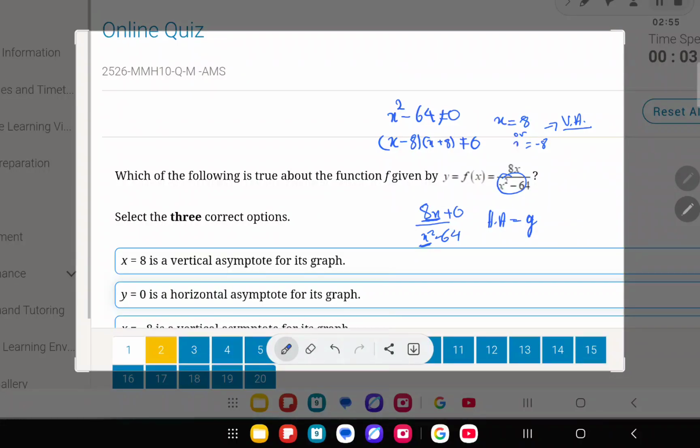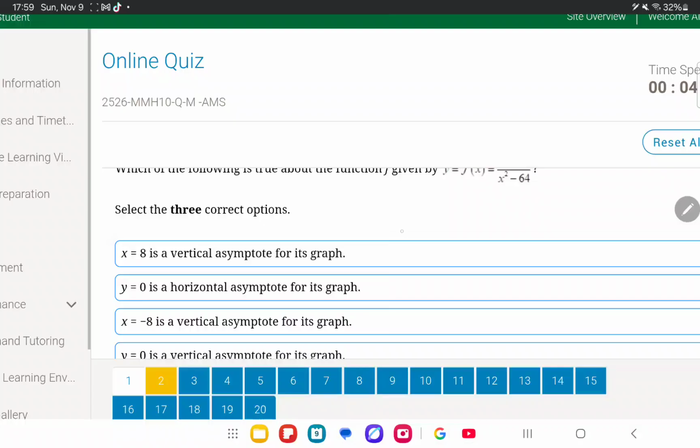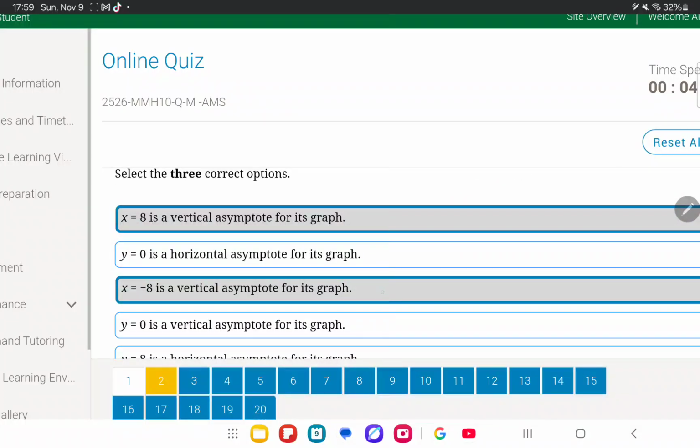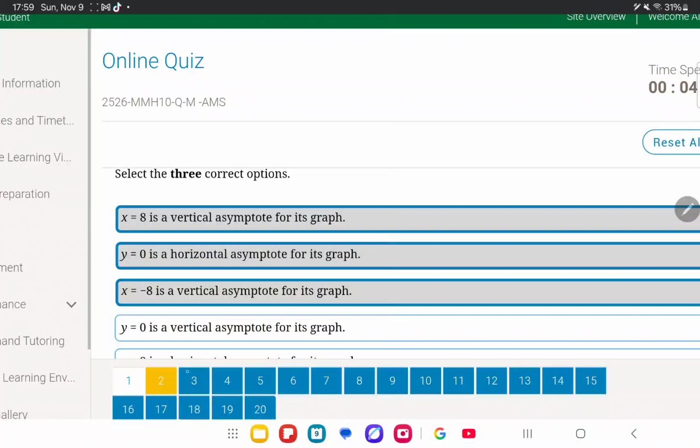No, actually, yeah, over here, y is equal to 0. So here you go. y is equal to 0 for the horizontal asymptote, since as x approaches plus or minus infinity, y approaches 0. So now we can write as our vertical asymptotes x equals 8, x equals minus 8, and our horizontal asymptote will be y equals 0.